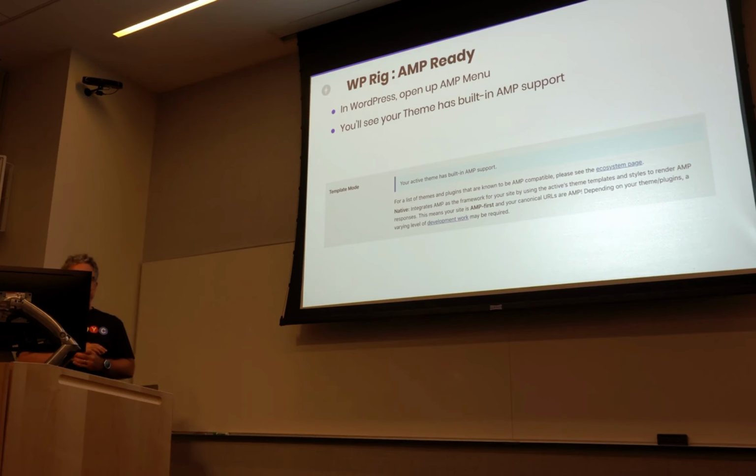AMP leans on CSS over JavaScript. And I think most people should be attempting to lean on CSS over JavaScript whenever possible. JavaScript is always the most expensive thing on your web page, and if it's synchronous, it's even more expensive. So by providing that, we can say within the theme, this navigation part, render it this way if it's AMP, this way if it's not AMP.